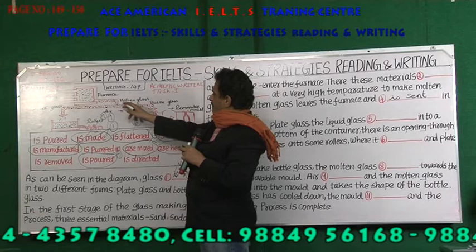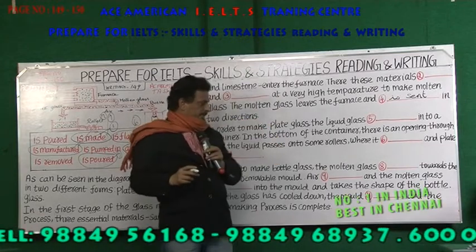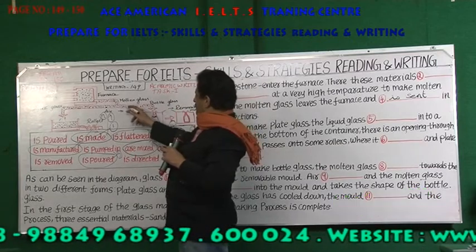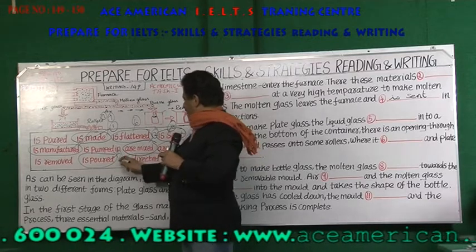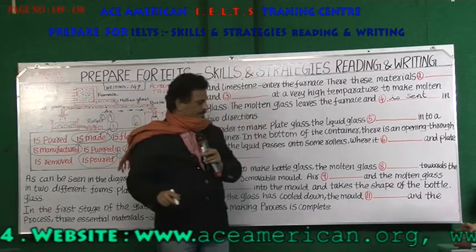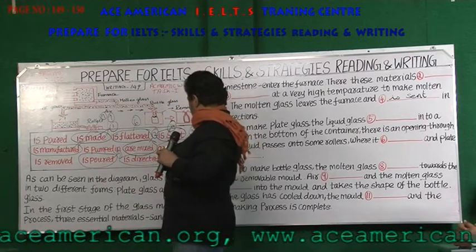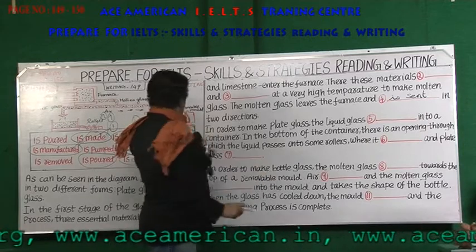So what happens? The molten glass is directed. Where is this directed? 8, is directed towards the top of a removable mold.